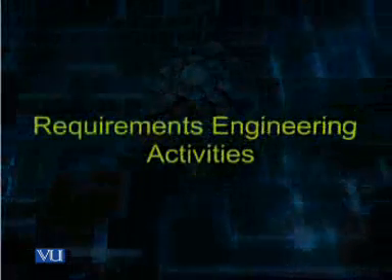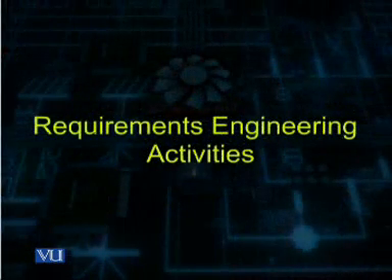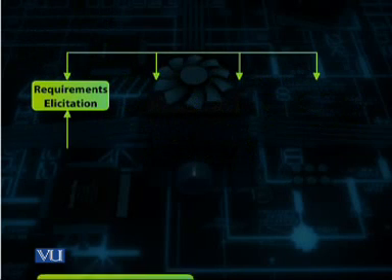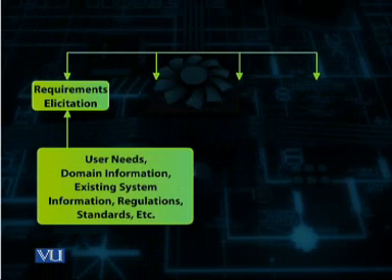and then to perform the analysis and negotiation activities and other activities in the requirements engineering process. We have seen this slide before in a different lecture when we were talking about the coarse grain activity model, which described the context of the requirements engineering activities. Now let's talk about these activities in some detail. Requirements elicitation deals with gathering of requirements from different stakeholders.